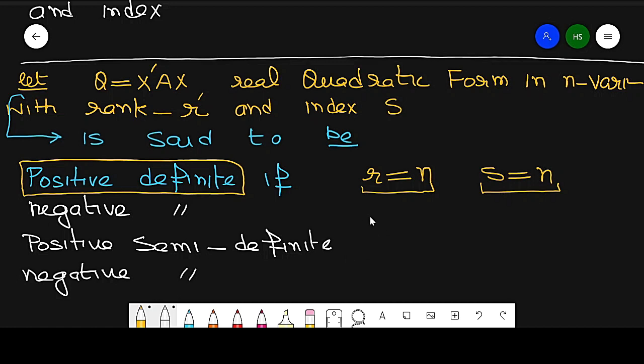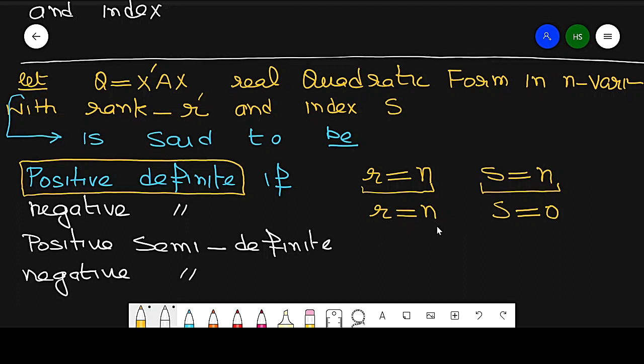If R is equal to n and S is equal to 0, then it is a negative definite, right? If S is equal to the total number of variables, then it is positive. If S is equal to 0, then it is negative.